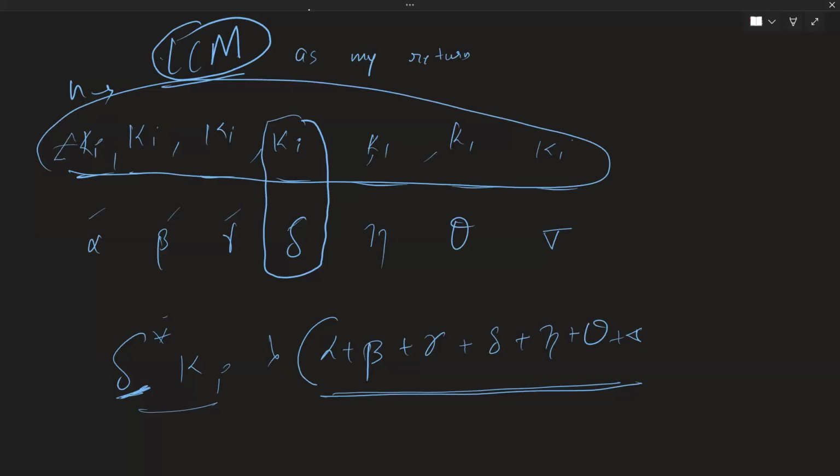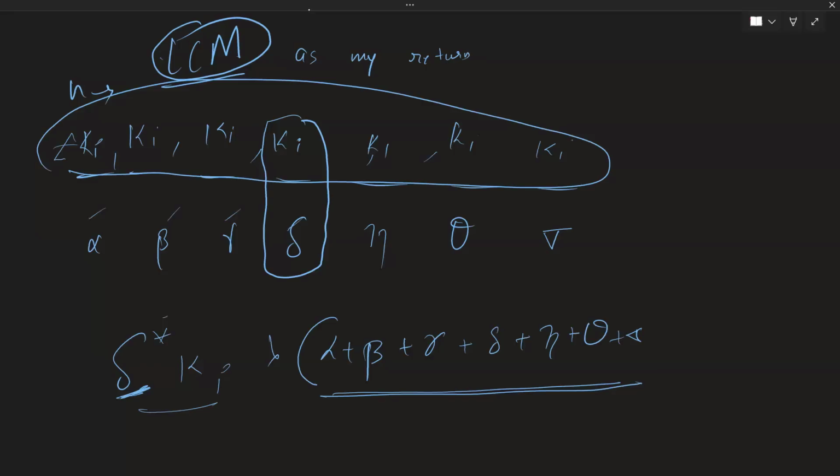Why? Can anyone explain why? Why, if the LCM of these is less than the sum of these coins, is my answer not possible? Always. I just have to prove this thing.